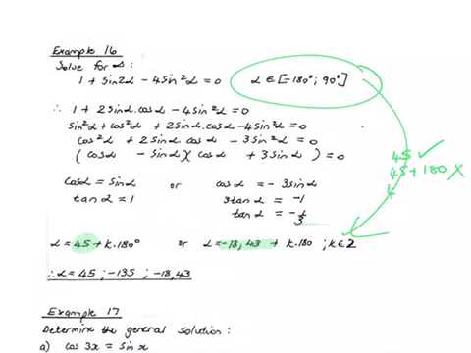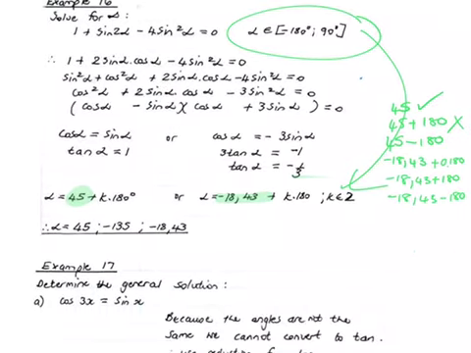Then I'd say 45 minus 180. Okay, we'll see that answer. And then we get negative 18.43 on its own, so plus no 180s. And then plus one lot of 180, and then minus one lot of 180.